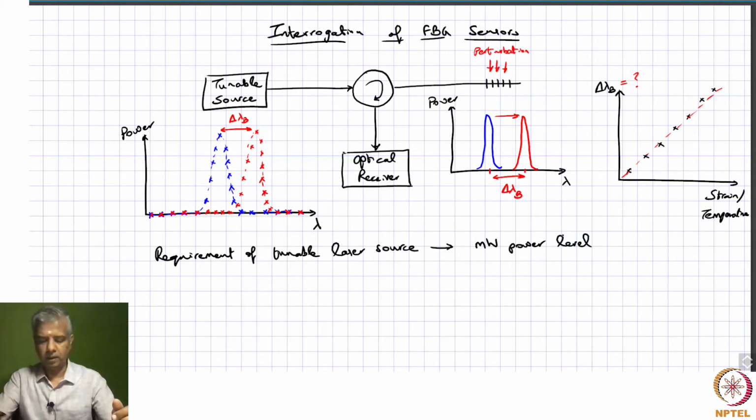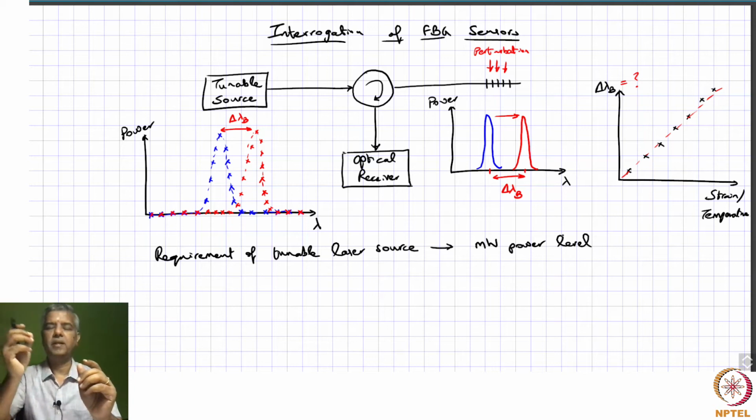There are tunable laser sources, for example a semiconductor laser source where you have a semiconductor gain medium, and one side of it is coated with a high reflector, but the other side of the gain medium is anti-reflection coated, so you can extract the power.